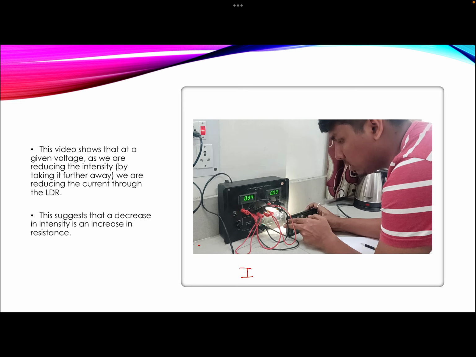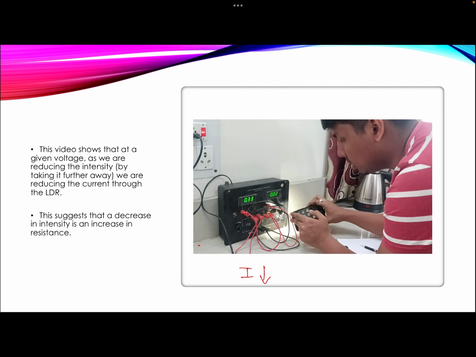So when the intensity is decreasing, the current is also decreasing at a given voltage. At all three distances, we will take the readings of V and I, and we will plot them.